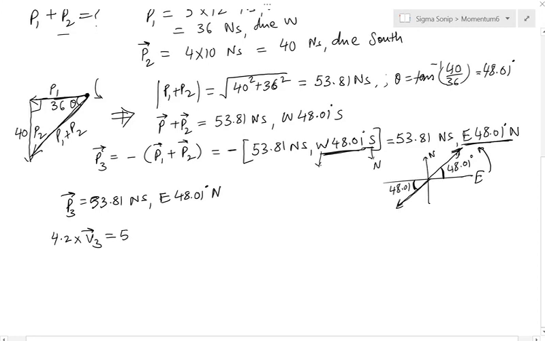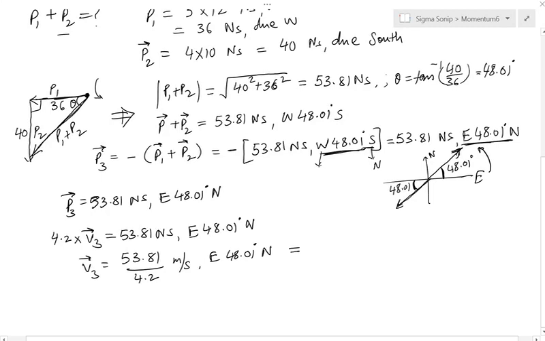This is equal to 53.81 Newton second east 48.01 degree north, and that gives my V3 equal to 53.81 over 4.2 meter per second east 48.01 degree north, and that will give us 12.81 meter per second east, 48.01 degrees north. That's the velocity of the third part.